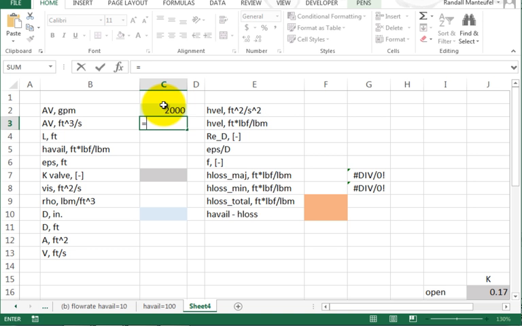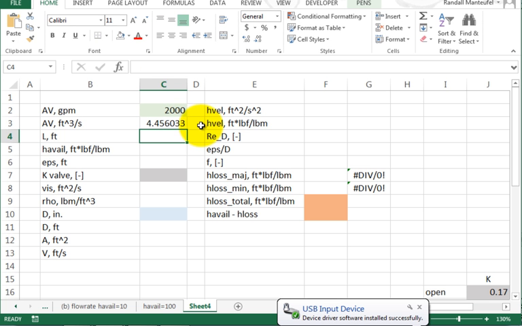Take your 2,000 and you multiply by 0.133681, and that's going to be how many cubic feet per minute. And a minute is 60 seconds, and there it is. This is the volumetric flow rate.